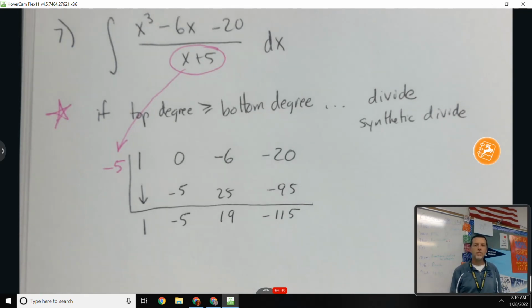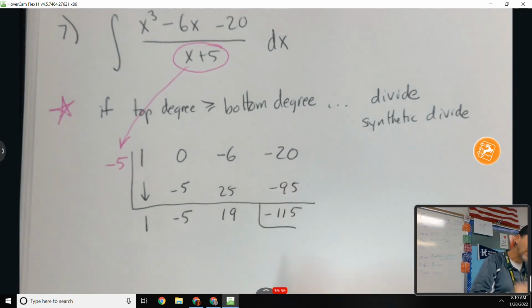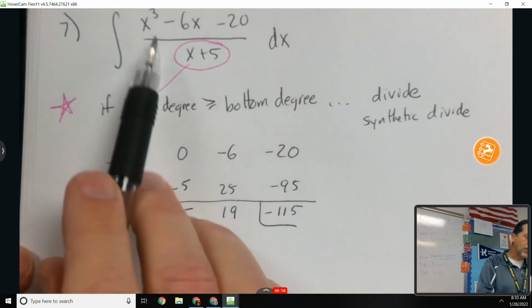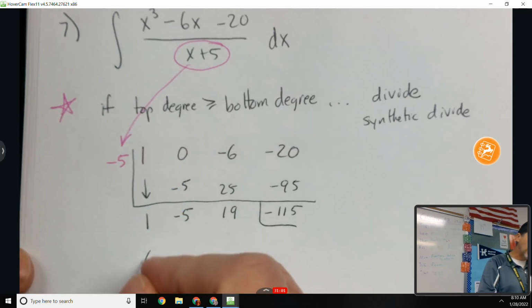But what does that mean? What do those numbers mean? There is something special about the last one. That's true. You drop the degree, so it's like x squared minus 5x. If you did x cubed divided by x, you'd be down to x squared.